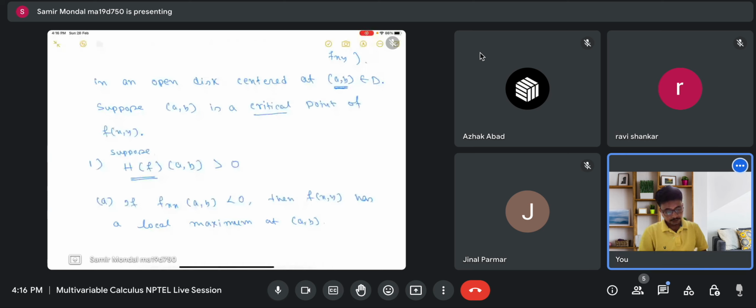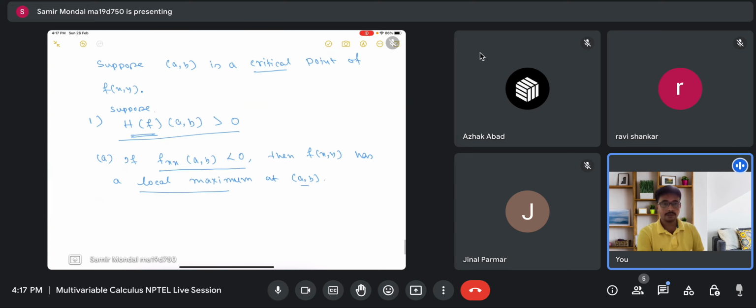If your Hessian is greater than 0, then we look at this quantity. If this quantity is less than 0, just as for a single variable function, when the second derivative at the point is less than 0 we get the maximum, here also similarly we get a local maxima at the point AB. When your Hessian at the point is greater than 0, you have to keep this in your mind.